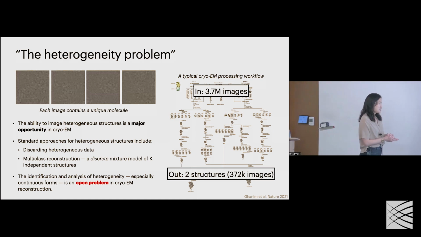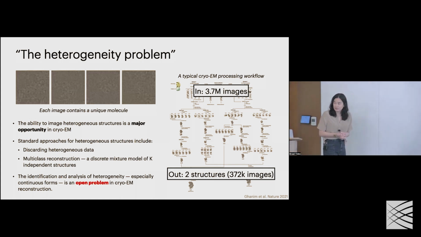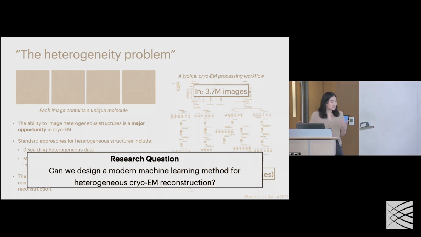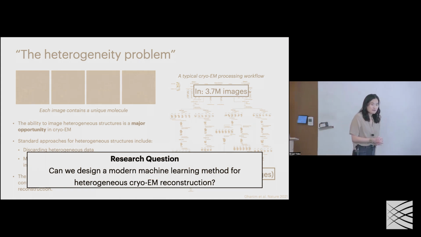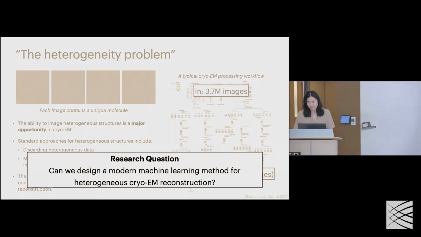And so the identification and analysis of heterogeneity, especially continuous forms of heterogeneity, is an open problem in cryo-reconstruction. And this is a problem that I originally sought to answer in the beginning of my PhD. So can we design a modern machine learning method for this heterogeneity problem in cryo-EM, and it still continues to be a major research question in my group.